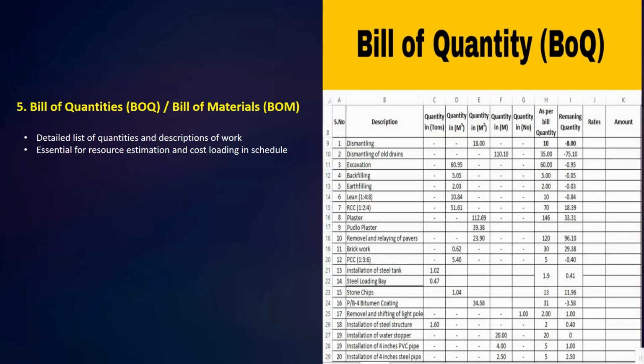It helps in estimating resources and cost, and also supports cost loading in the schedule. So a project planner always needs this information to align activities with budget and resources.